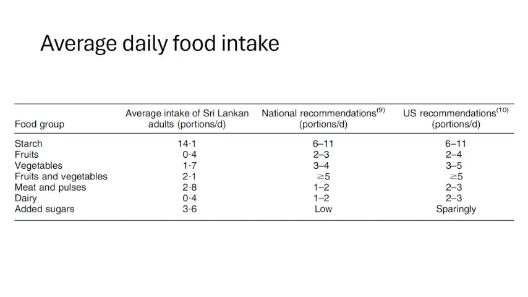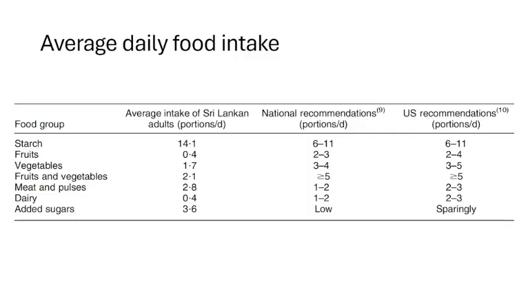And so this chart I just wanted to show is the average daily food intake of the participants in this study. So here, the left column is the average intake of Sri Lankan adults in the study, shown here. This is the national recommendations of each of the food groups in the study, and this is also the U.S. recommendations in terms of portions per day.